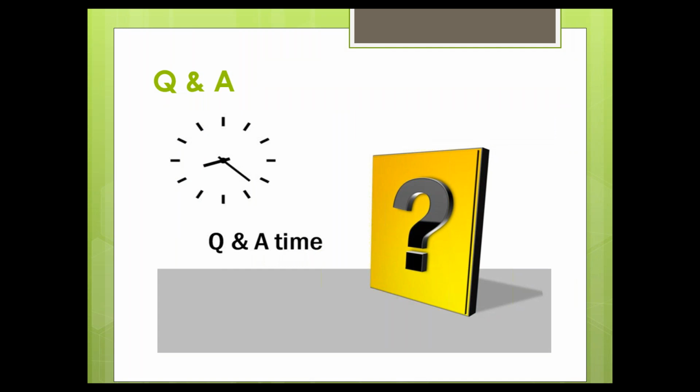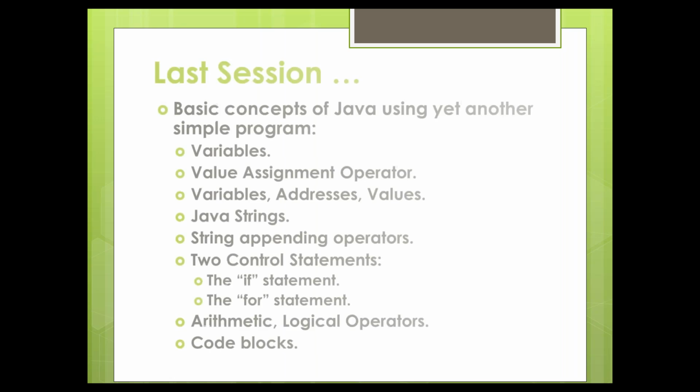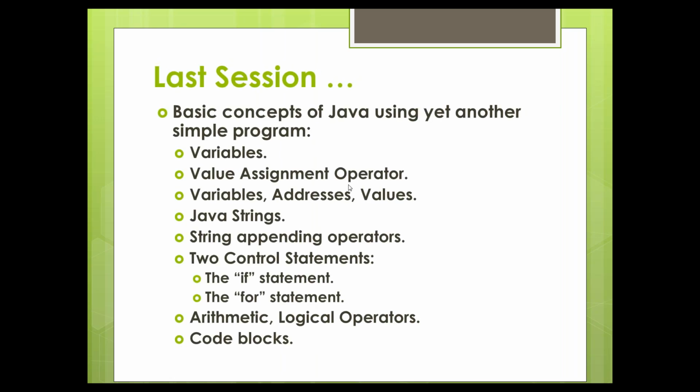Before that, let us see what we discussed in our last session. We discussed some very basic things related to Java: variables, assignment operators, and how we can visualize the variables, addresses, and assigned values.